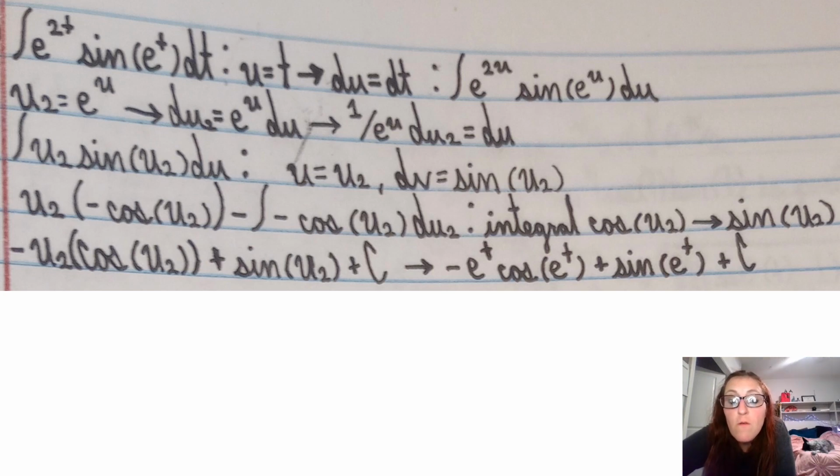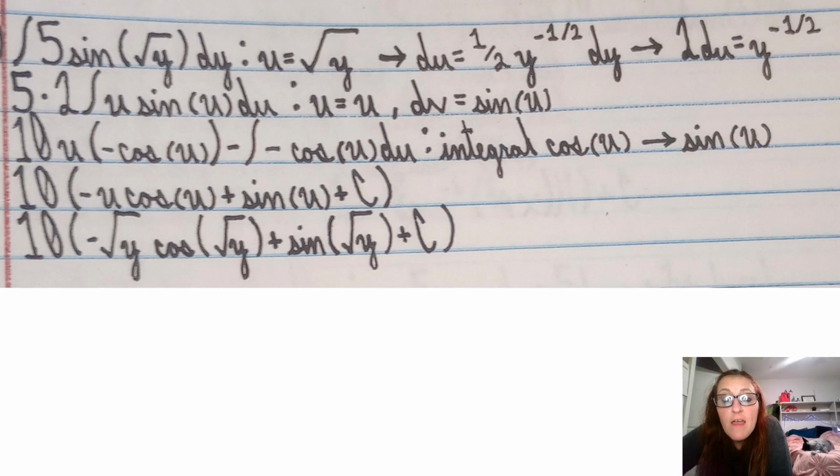Let u equal u2, dv equal sine u2. u2 times negative cosine u2 minus integral negative cosine u2 du2. Integral of cosine u2 is sine u2. Negative u2 cosine u2 plus sine u2 plus c gives us negative e to the t cosine e to the t plus sine e to the t plus c.